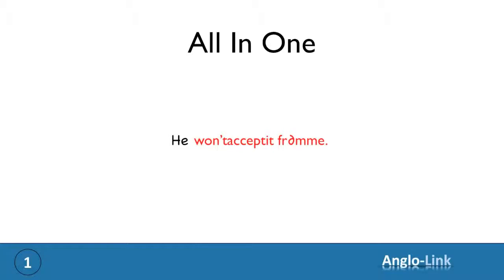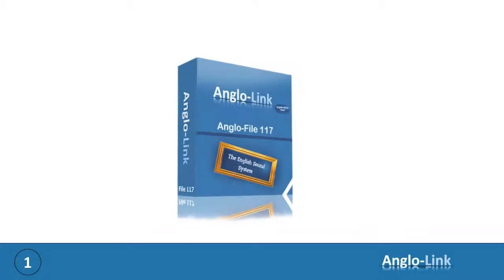Now, if you have never studied the English sound system, if you've never studied pronunciation on its own, I strongly recommend our Anglophile 117. In this Anglophile, you will have a complete list of all the vowels, all the diphthongs, all the consonants in English that you can practice.